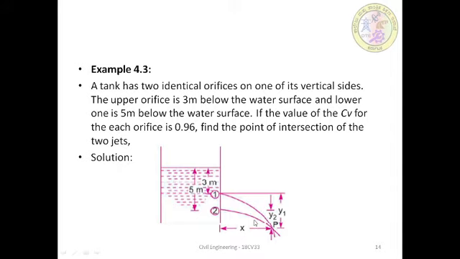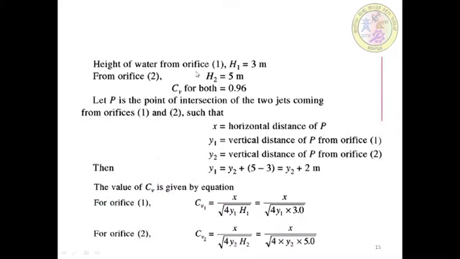So that will be the position of the jets of water. They meet at some point, so we should know the value of x, the value of y1, and the value of y2. That is the problem. Okay, so now let us see it one by one.